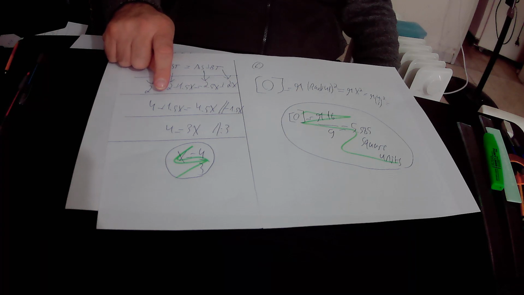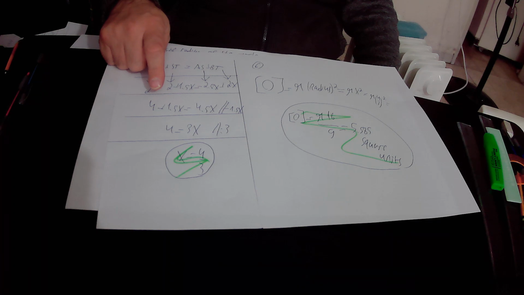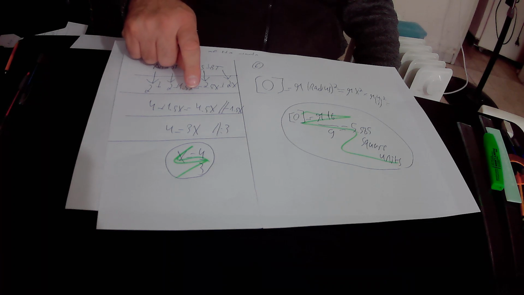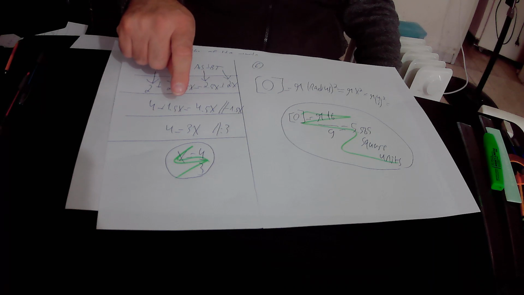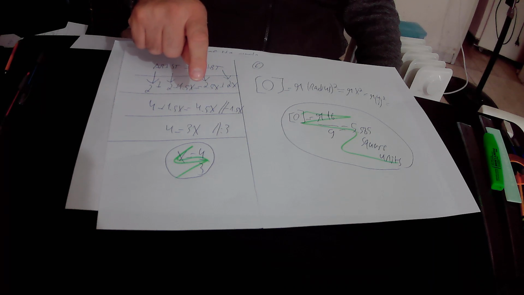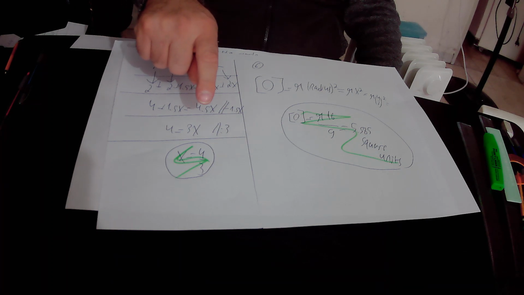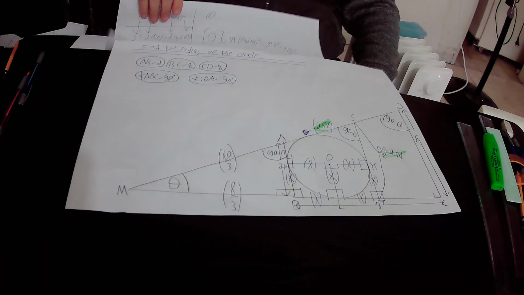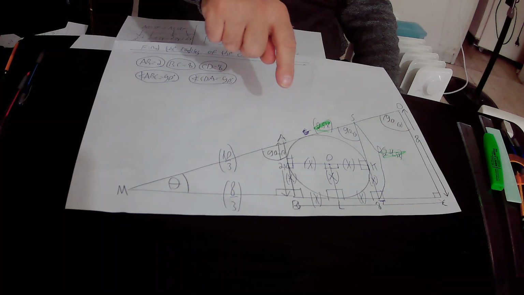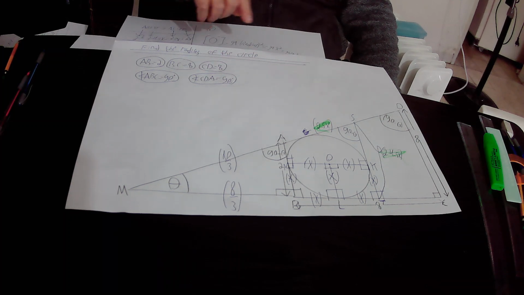Here we subtract 1.5x from this equation, and finally find that 4 equals 4.5x minus 1.5x, which is 3x. So 4 equals 3x. Here we divide this equation by 3, and finally find that x equals 4 over 3 inches. That is to say, the radius of this circle, x, equals 4 over 3 inches.